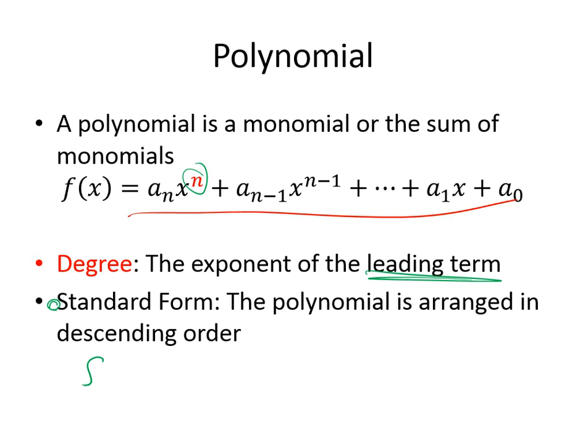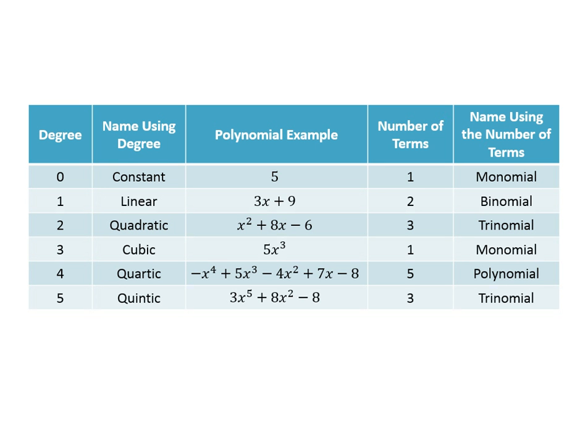So an example of a polynomial would be 4x cubed plus 8x squared plus 7x minus 4. That would be an example of a standard form polynomial. Since the largest exponent is 3, we would say it's a degree of 3.